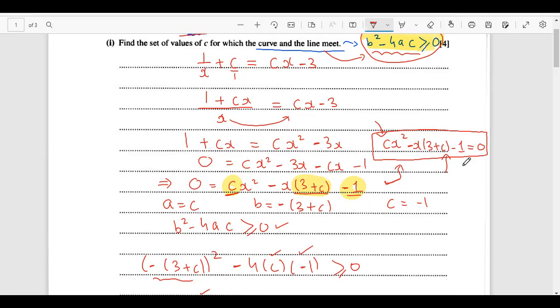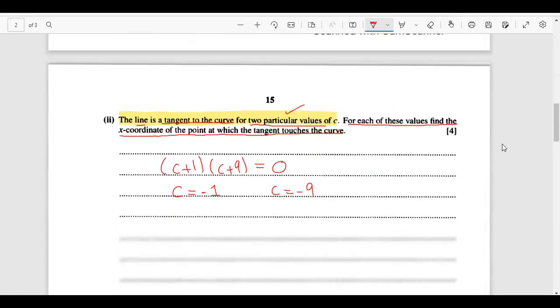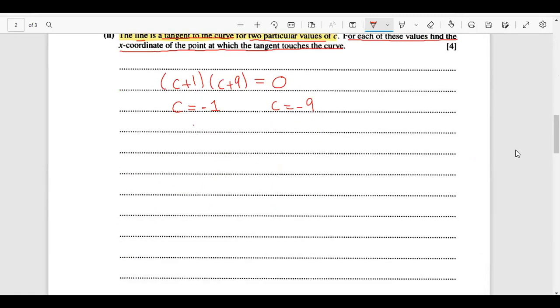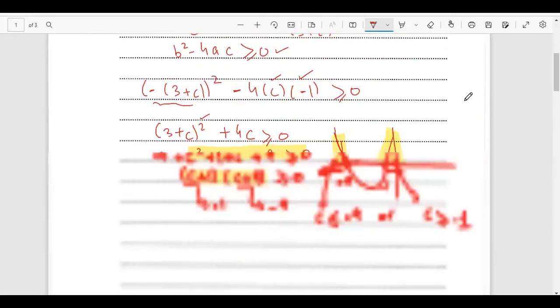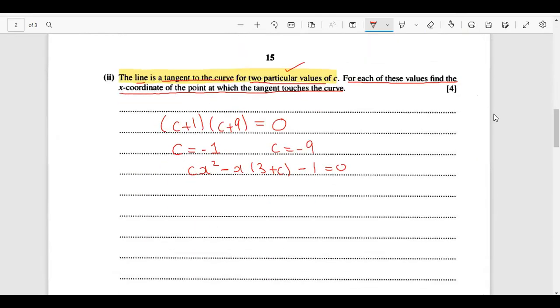So I will be writing this equation again over here. Cx squared minus x into 3 plus c, and then it was -1 equals 0. Let me go up and see if we have written the equation correctly. Yes. I need to plug in c equals -1, so it would give me minus x squared minus x, 3 minus 1, -1 equals 0.